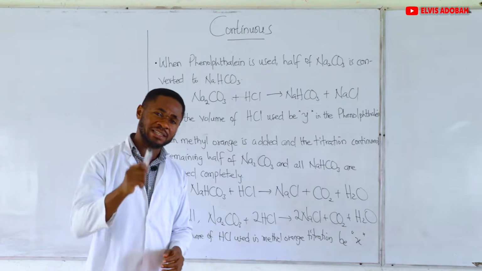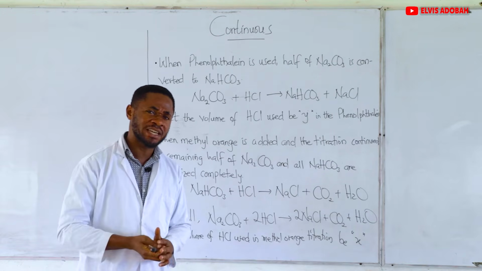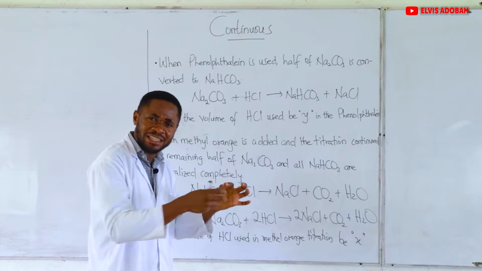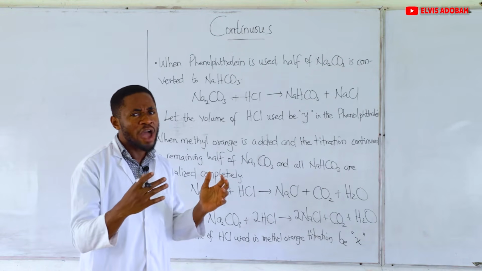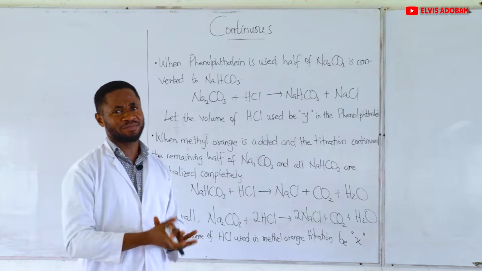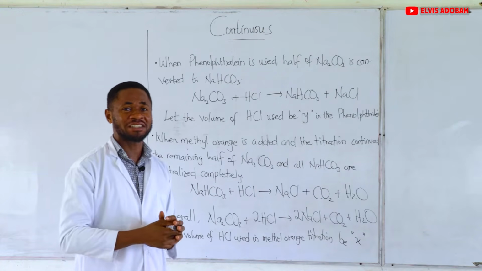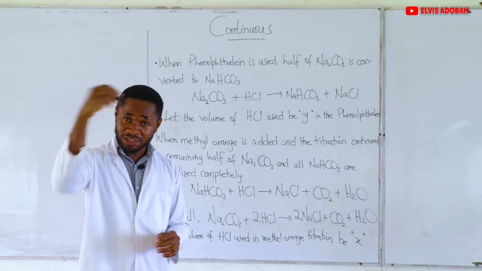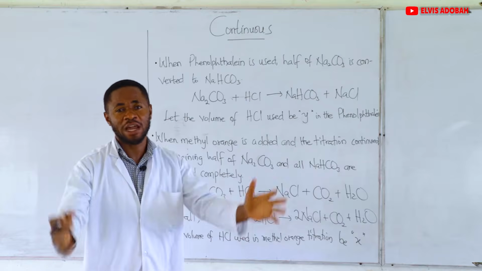But when we were performing the titration and added the phenolphthalein indicator and released the acid into the mixture, no effervescence was observed, telling us that carbon dioxide wasn't produced in that reaction. However, when methyl orange was added, we saw effervescence of carbon dioxide gas.